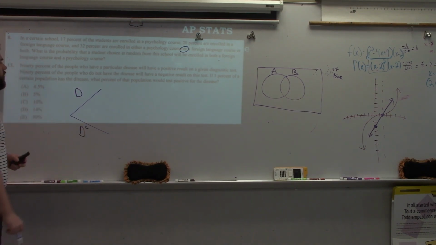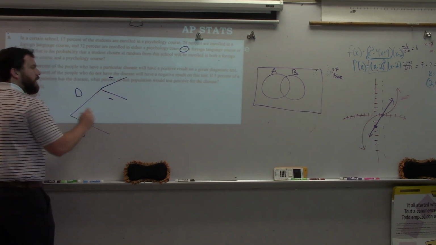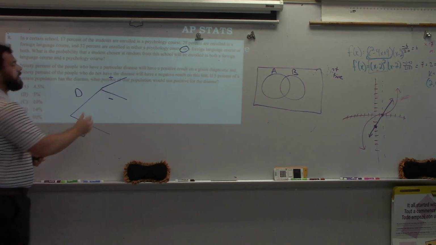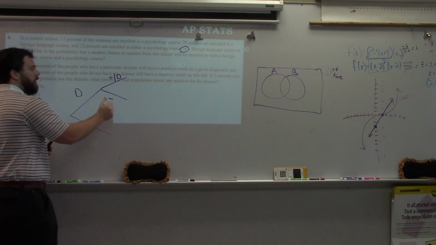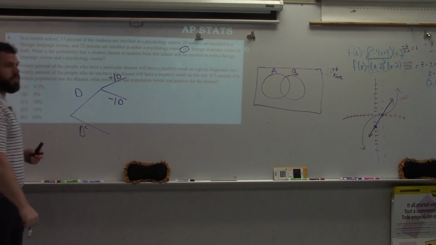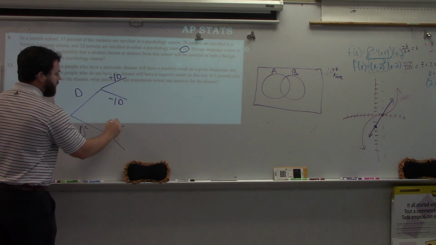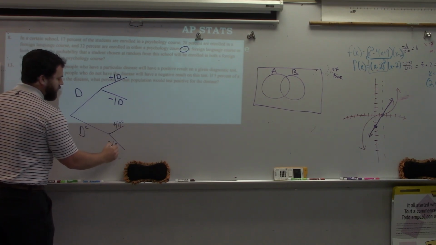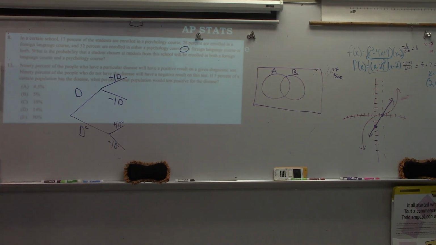And based on whether they do or don't have the disease, they could test positive or negative. Now remember, we usually just write positive or negative there, but what this positive really means is positive given they have the disease. Negative given they have the disease. They test positive given they don't have the disease, and negative given they don't have the disease. That's what's really happening on those branches, right? Because it's coming after they do or don't have the disease.